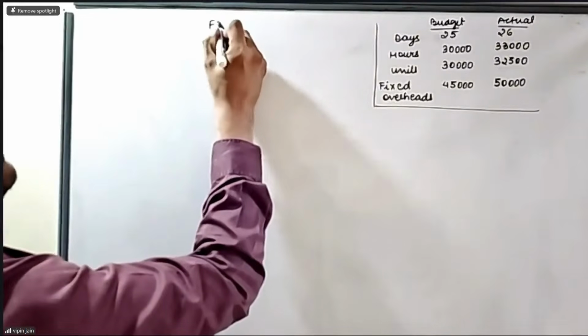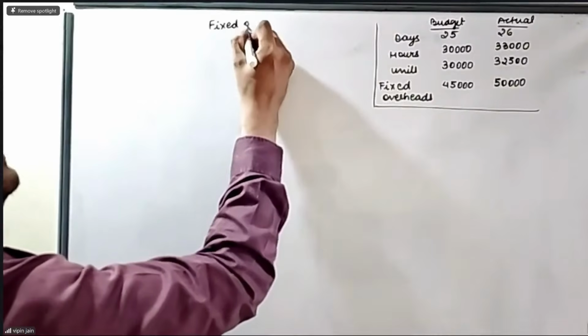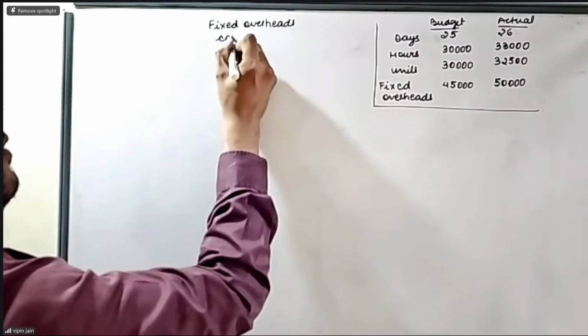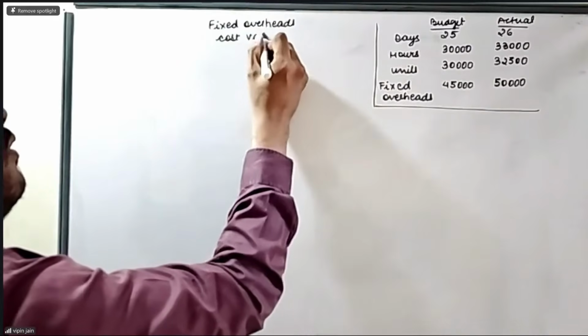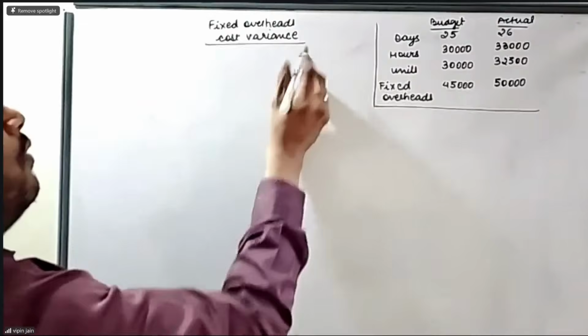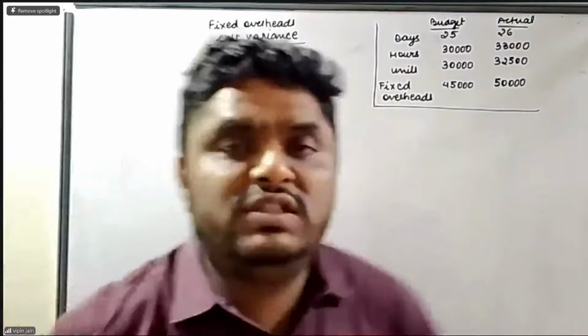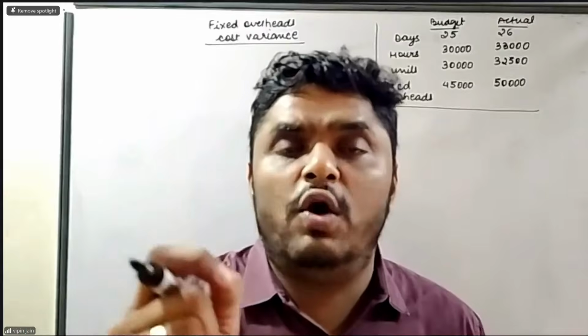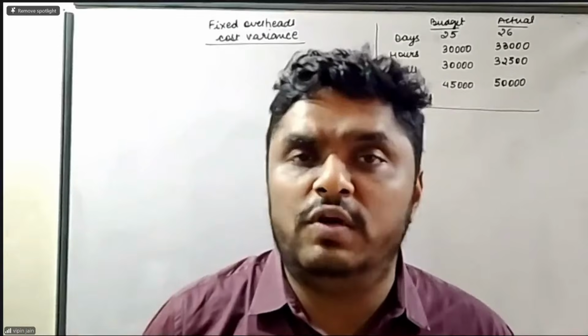The first variance we will calculate is fixed overhead cost variance. When talking about fixed overhead cost variance, it talks about under or over absorption of overhead.